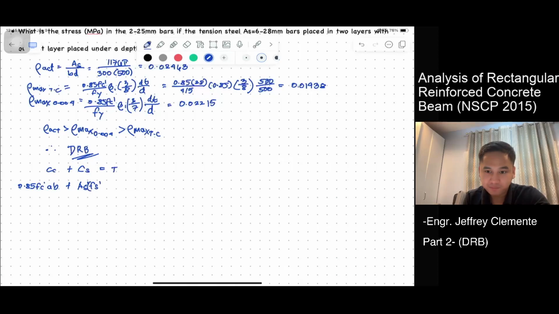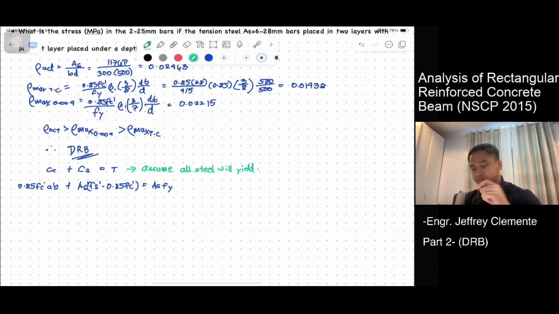Pero, sabi doon, hindi natin pwedeng i-neglect yung concrete displaced. So, mag-subtract tayo ng 0.85 f'c. Para pag sinabi pwedeng i-neglect, tatanggalin mo lang yung 0.85 f'c. Diba? Ang T natin is As fy. Okay? Or fs. Okay? So, assume. Dito, mag-assume tayo. Assume all steel will yield.